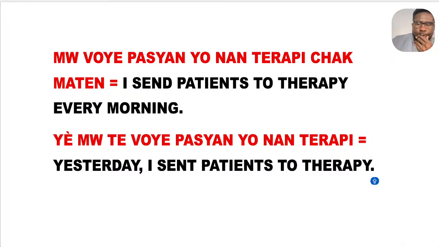All right, so yesterday I sent patients to therapy. Ou bien on peut dire I sent patients to therapy yesterday. On peut mettre yesterday à la fin. All right? So, past simple, right?